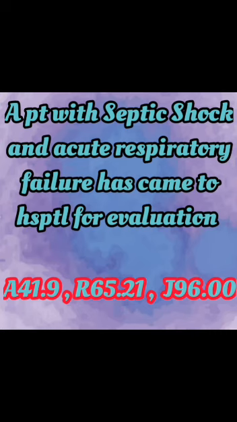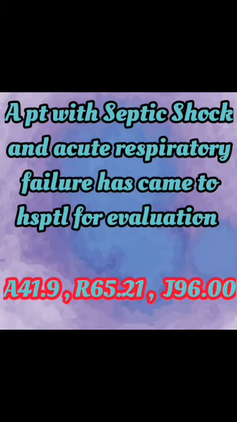Let's see an example. A patient with septic shock and acute respiratory failure has come to hospital for evaluation. So here we will code this. Here we should check the term, that is septic shock in acute respiratory failure. So septic shock is nothing but severe sepsis, septicemia and septic shock. As per the guideline, septic shock means first we need to code organism, then severe sepsis with septic shock and then organ failure.